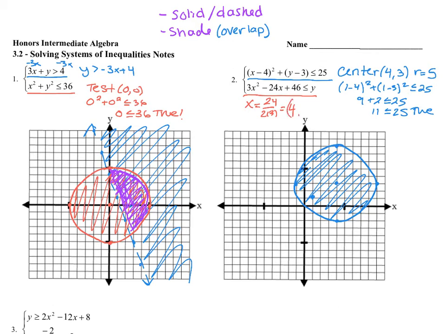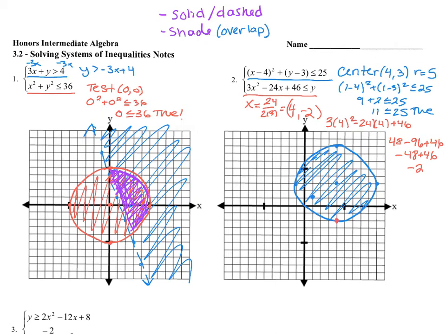If I substitute 4 back into my equation, my vertex is going to be at 4, -2. It's actually the bottom of my circle.